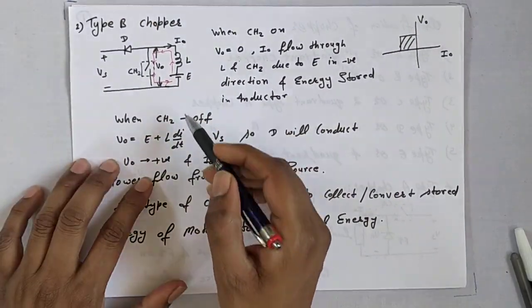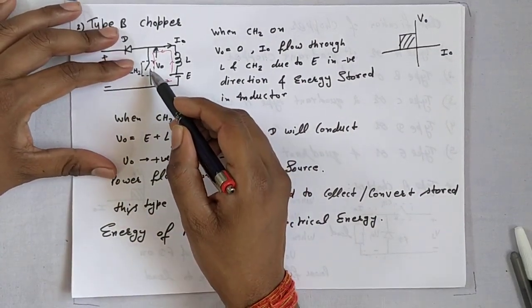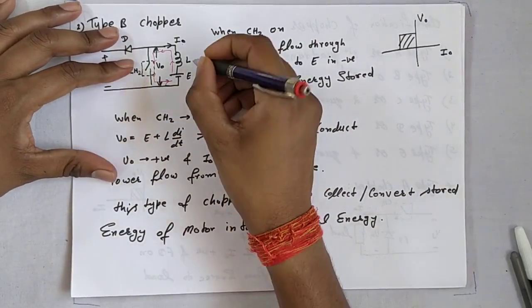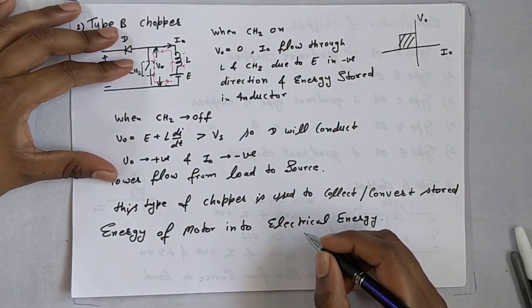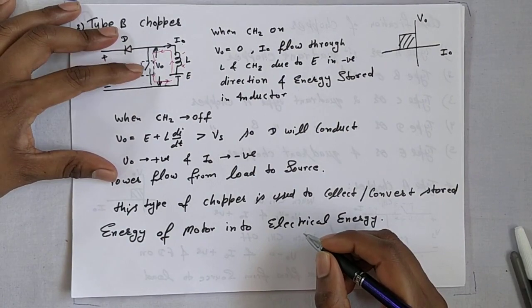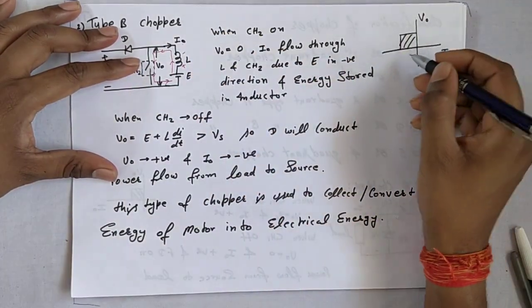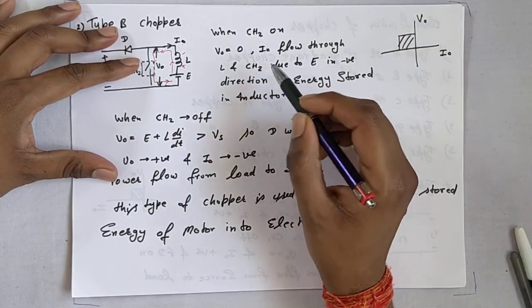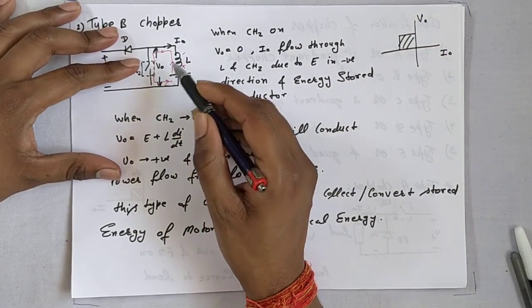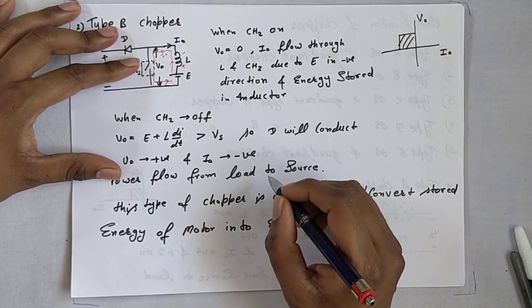Now, when CS2 is off, what happens? The inductor is storing energy in this polarity. When CS2 is off, the current I0 in the opposite direction starts to reduce.